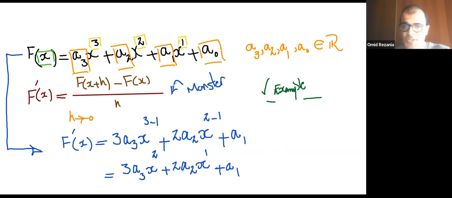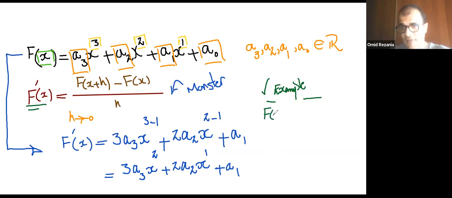If in the exam I ask you to just find the critical points or the local minima and the local maxima of quadratic functions or cubic functions, and you are messing around with this monster formula, you can use this method to see if you have done it correctly.